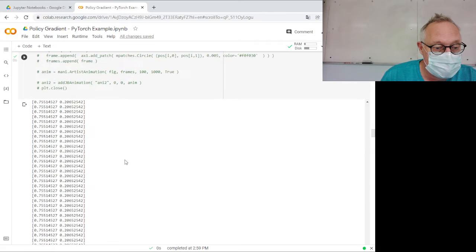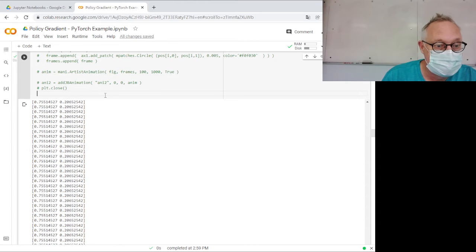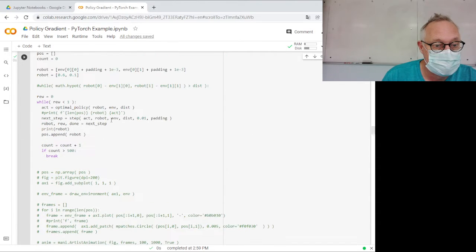So find the optimal path for these values is wrong one.